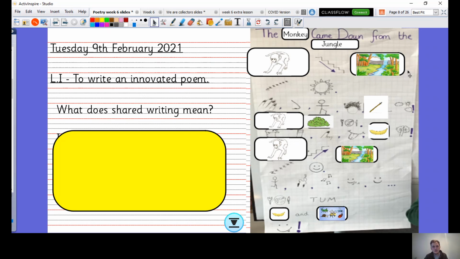The monkey came down from the jungle, yawning the morning away. You can join in if you'd like. Scratching and sniffing and stretching and itching and hunting for most of the day. The monkey went into the bushes trying to find some tea, or hoping to find some tea.